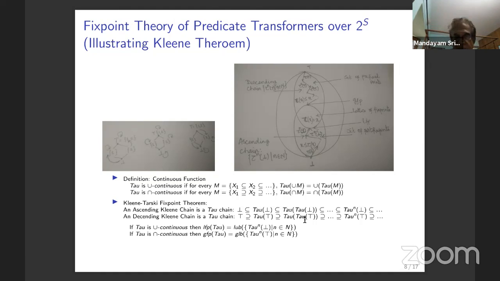That is guaranteed to form a descending chain because tau is monotonic, and the greatest fixed point is the greatest lower bound of this chain.